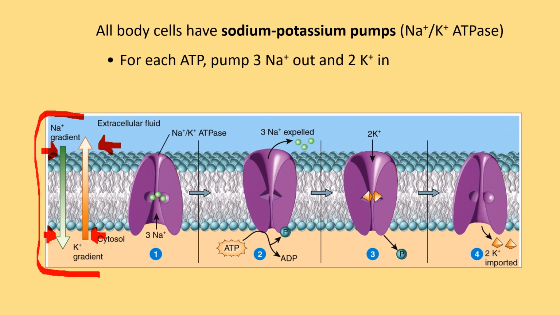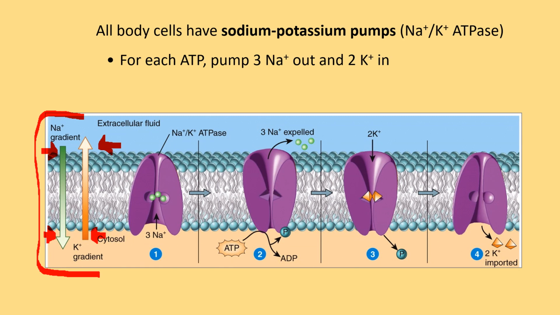And when those 3 sodium ions fit into their spaces within this purple protein, that allows the protein to become a functional enzyme. So the protein changes shape ever so slightly after those sodium ions enter, and that activates the enzyme portion of this protein. And so now we're moving from 1 to 2.